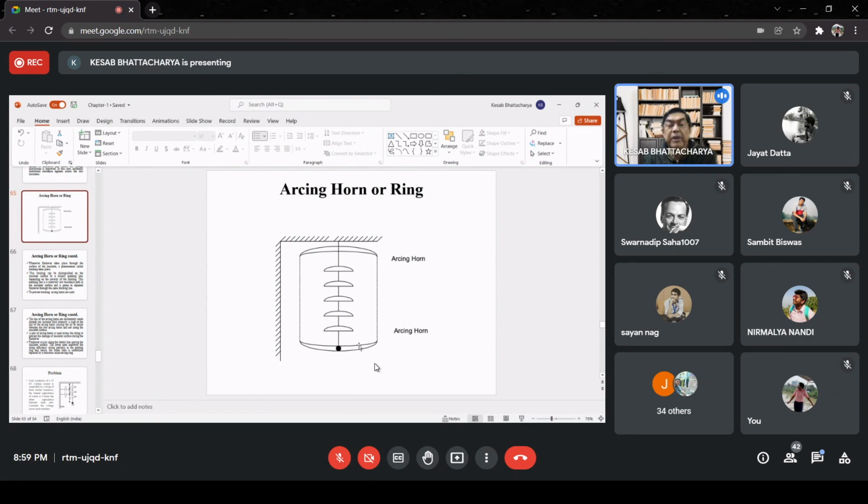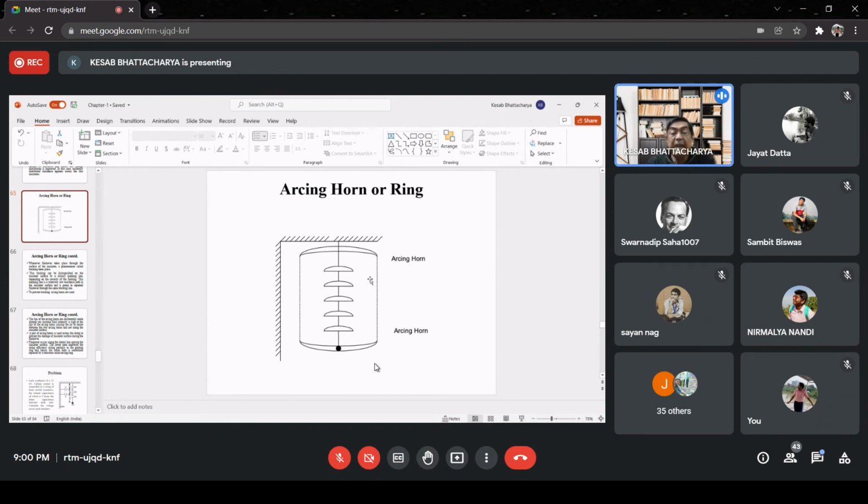Now, when you provide these two horns with sharp edges, the voltage across the sharp points will be much higher. In the event of over voltage, the flashover or ionization of air will start around these sharp points and extend towards the other horn through air.